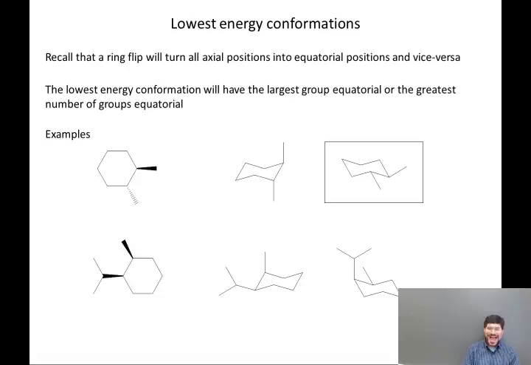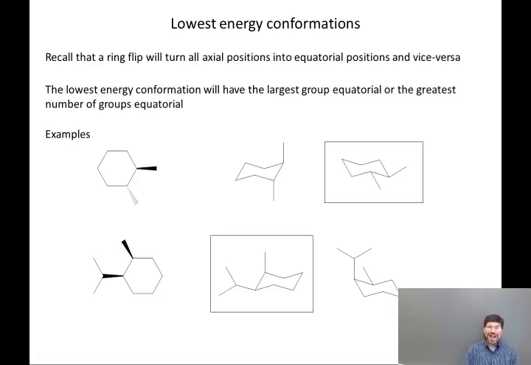So we can either have the isopropyl group equatorial and the methyl group axial, or the isopropyl group axial and the methyl group equatorial. Well, an isopropyl group is larger than a methyl group, therefore it's going to want to adopt the equatorial position and force the methyl group into the axial position. Therefore, the lowest energy conformation is the one on the left over here.